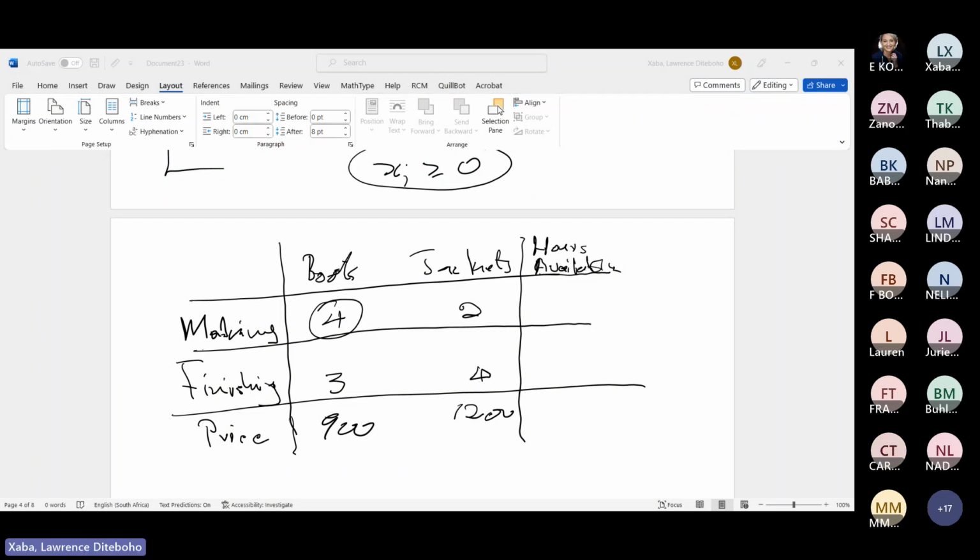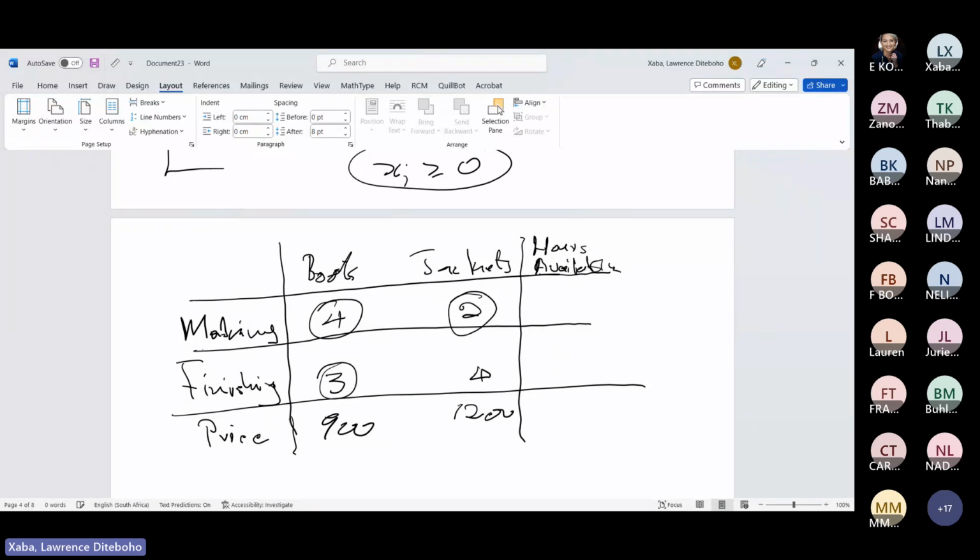It continues, saying 3 hours to finish the same product, which is our boots, and it's correct here as 3 hours. It takes 2 hours to make a jacket, just the making, cutting and everything.